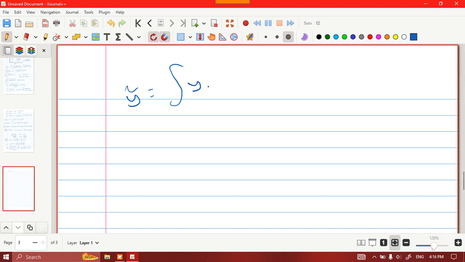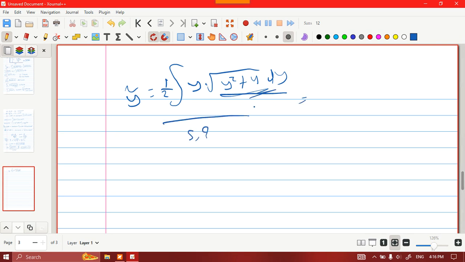I'm going to find y bar, which is just y times dL, which is 1/2 square root of y squared plus 4 dy, over 5.9. Use the calculator or use substitution, no problem.